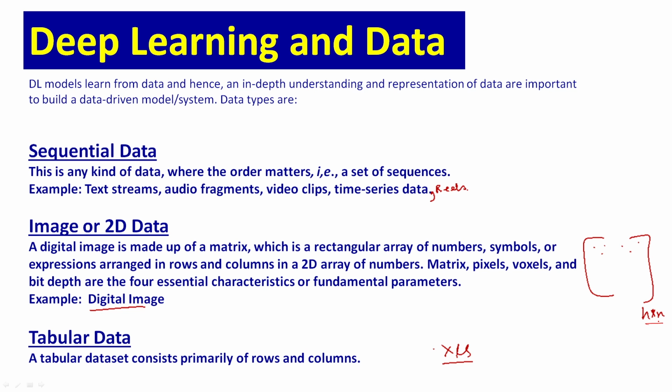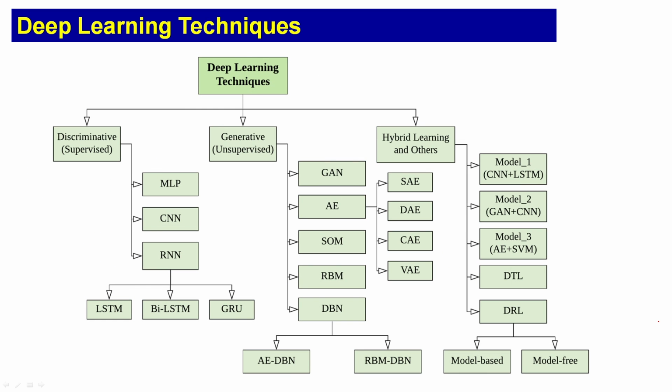And finally, you can also have tabular data, which all of us use. If you want to put the mechanical property data of any material, you can always put it in a tabular form, like stress versus strain, stress versus strain rate, whatever; that is tabular data. So, these are all different kinds of data deep learning can handle, and that is why different kinds of techniques are available.